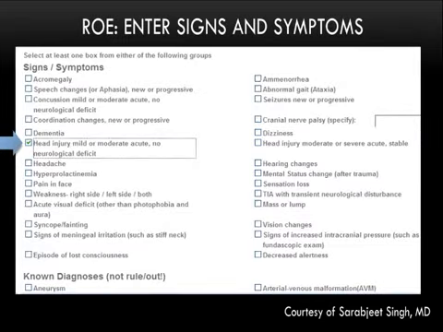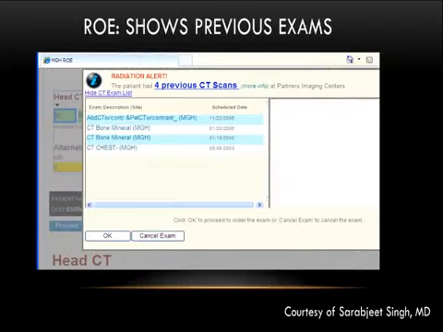And then there's a very exhaustive list of all the symptoms that you can come across. I'm only showing you page 1 of this 5-10 page long list, and then you can, for example, in this case, we have checked head injury, mild to moderate, with no neurological deficit. Now, based on this, the system will immediately tell you there were 4 scans that were done previously.